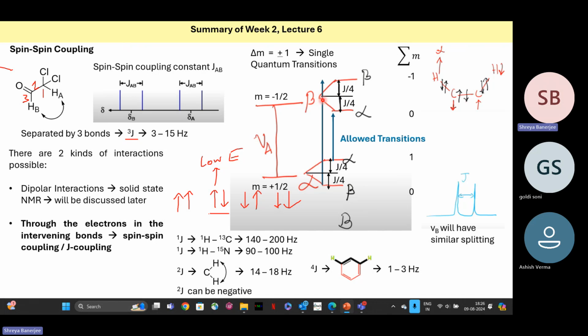Similarly, beta can pair with alpha and it will go to a lower energy, and beta can pair with beta and that will go to a higher energy. So for the four different orientations, you have four different energy levels.